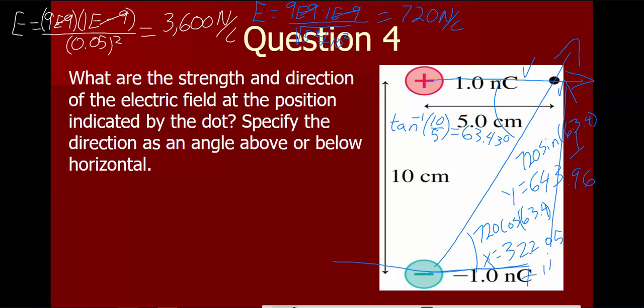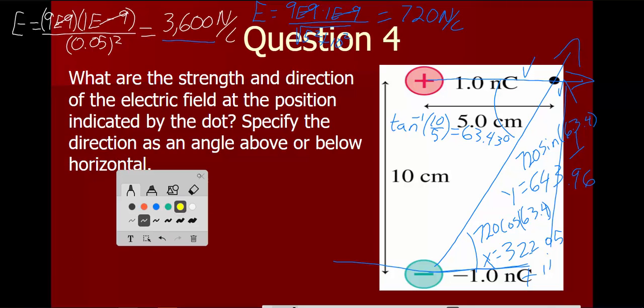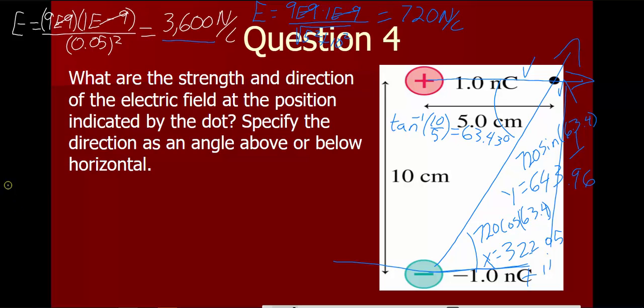So the y, there's nothing there to add. But for the x, we get 322.05 plus this 3600 here. So I'll write in yellow for our vector addition here. So it's 3600 plus the 322.